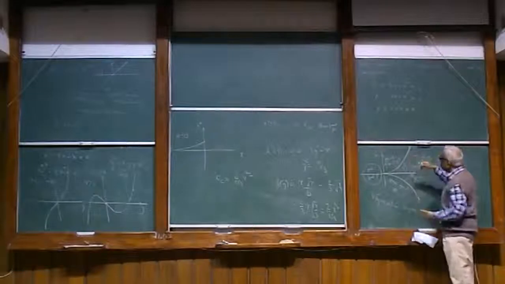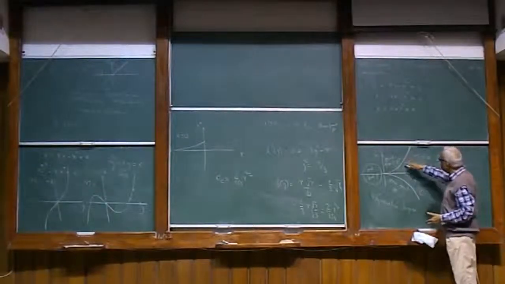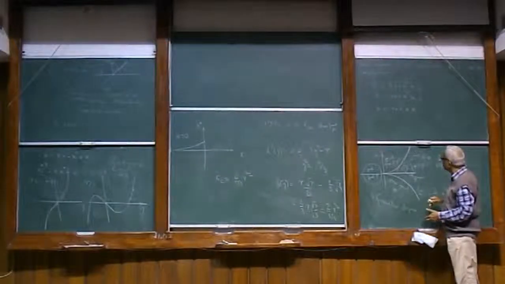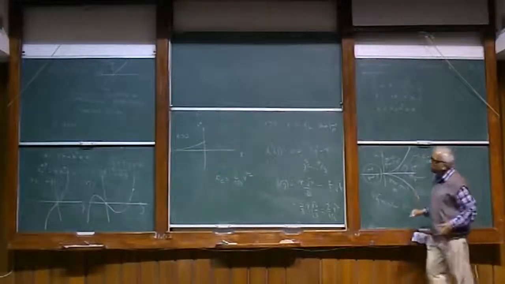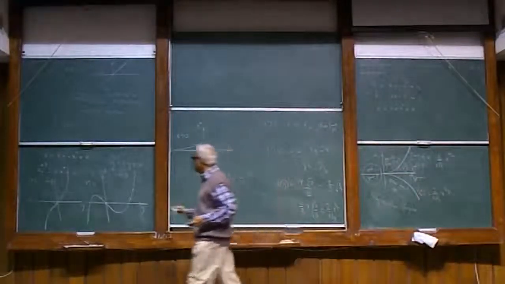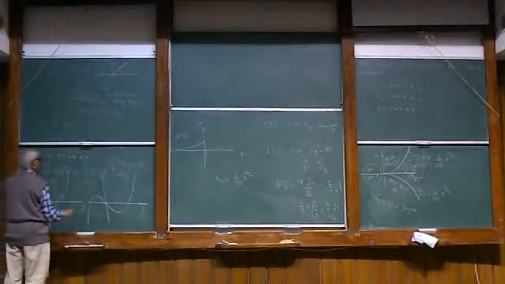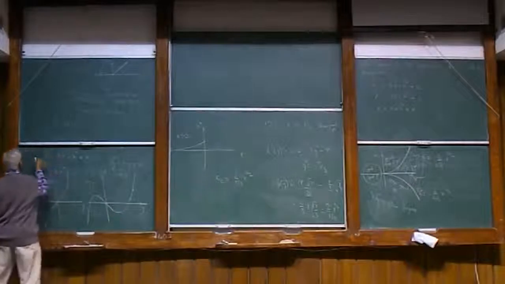Exactly on the boundary, you would just have one fixed point, and two of the fixed points would disappear, just as they did over here with epsilon equal to 0.